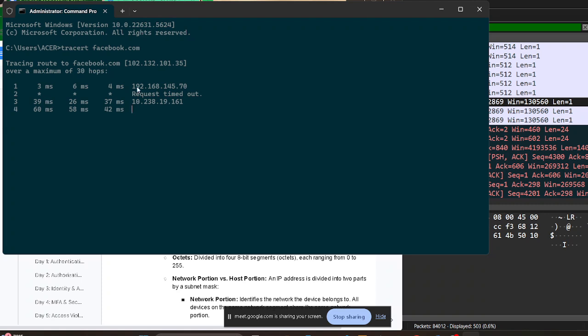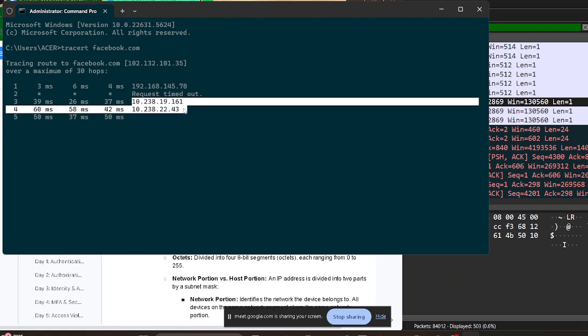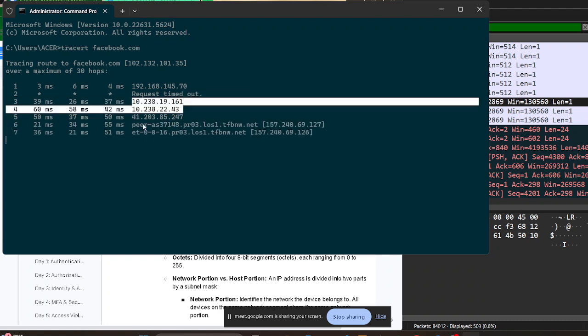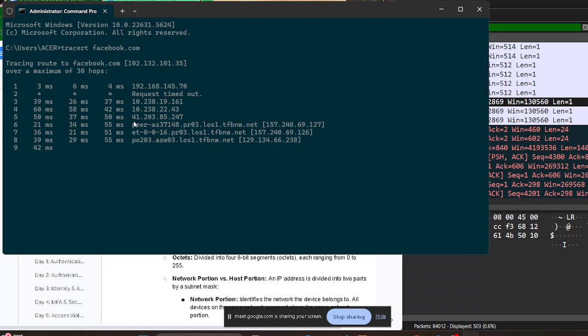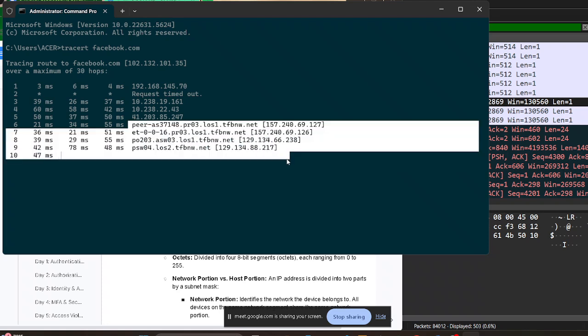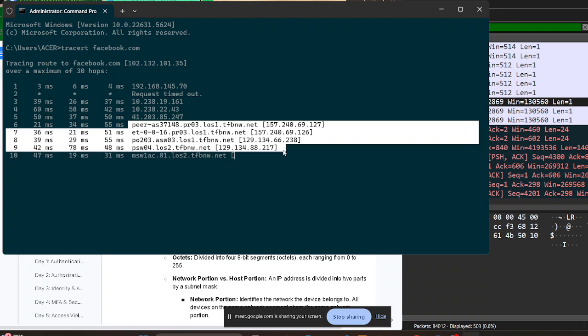So now this is my IP address here, and this probably belongs to my ISP, right? And then here it has gotten into Facebook infrastructure. So it's through my IP address that I'm able to perform this communication.